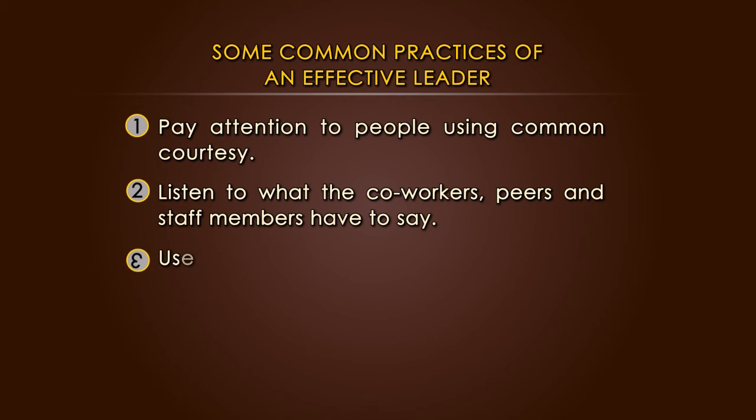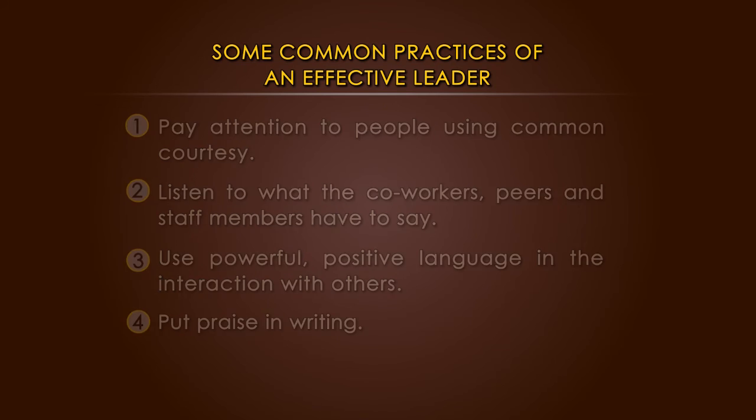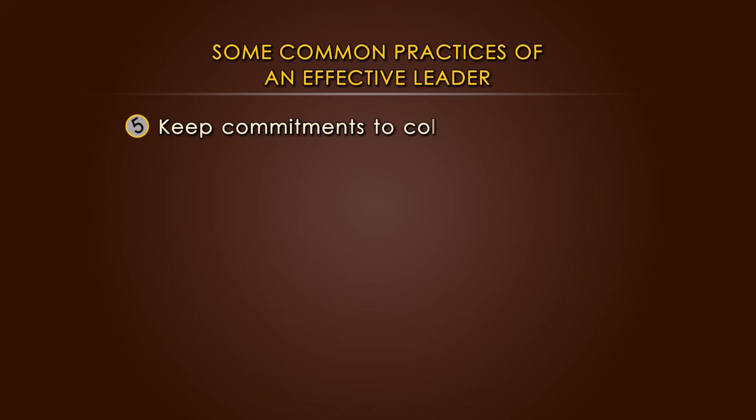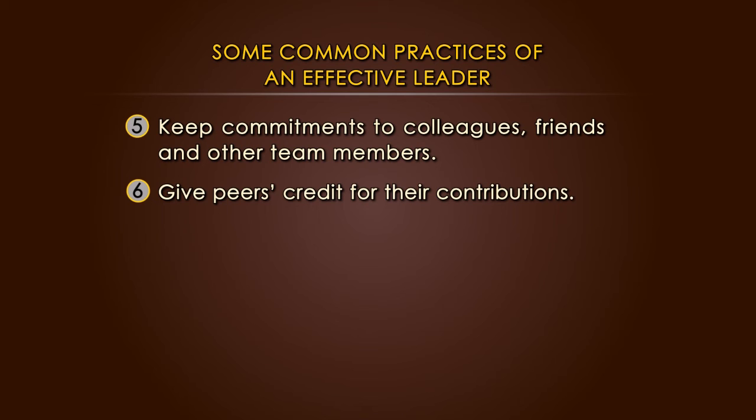Number 3, use powerful, positive language in interactions with others. Number 4, put praise in writing. Number 5, keep commitments to colleagues, friends, and other team members. Lastly, give peers credit for their contributions.